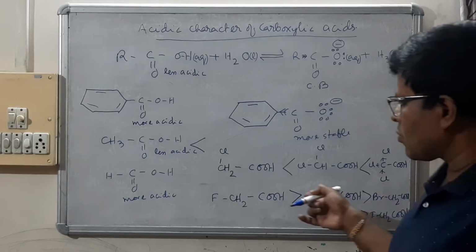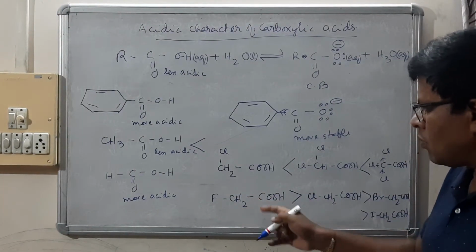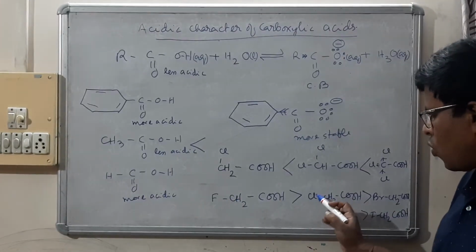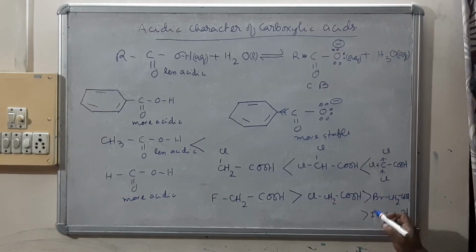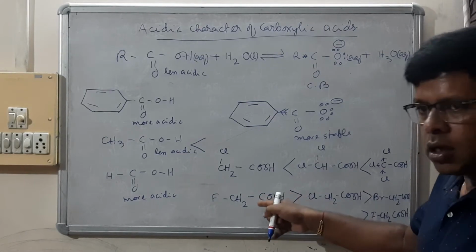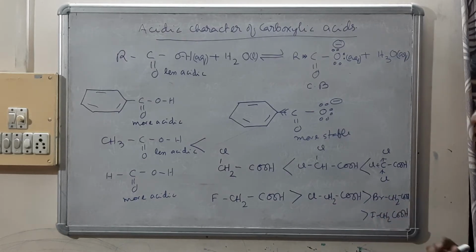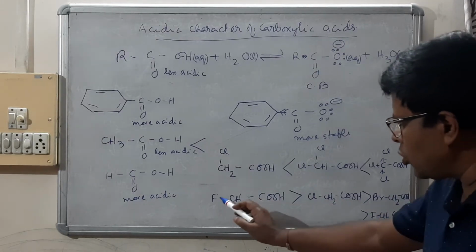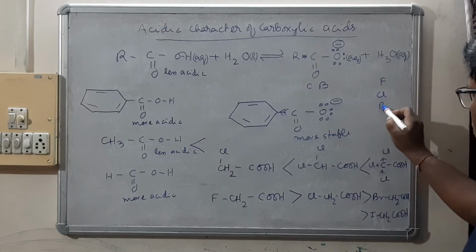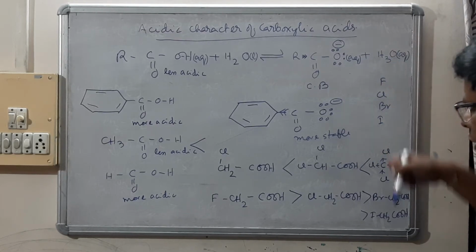So here we will answer in this way. It is because this one is more acidic since fluorine is more electronegative than chlorine. Chlorine is more electronegative than bromine. Bromine is more electronegative than iodine. So here the conjugate base will get more stabilized than here, than here, than here. Because you know the position of these halogens in the periodic table. It is fluorine, chlorine, bromine, iodine, and we know that electronegativity decreases down the group.